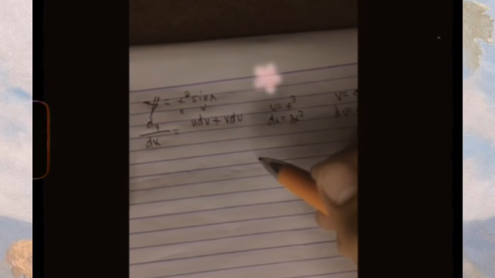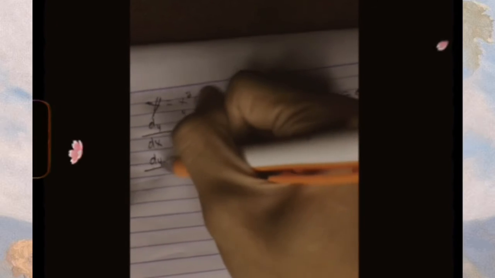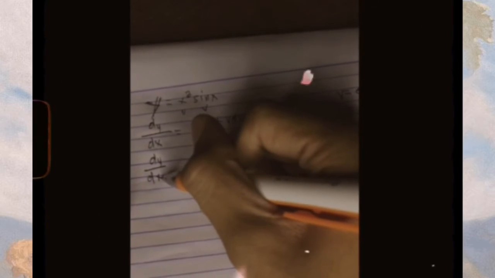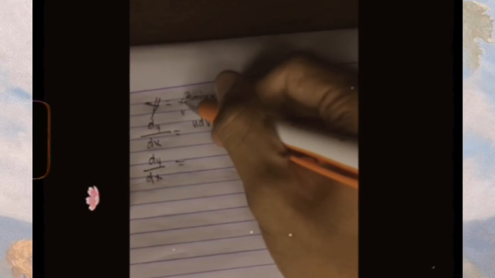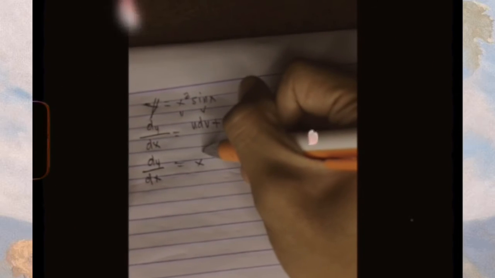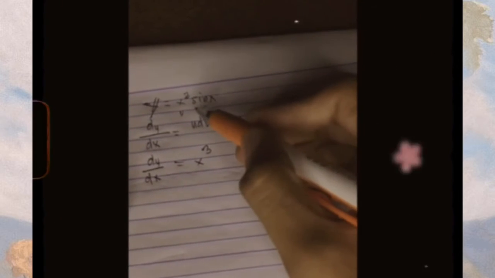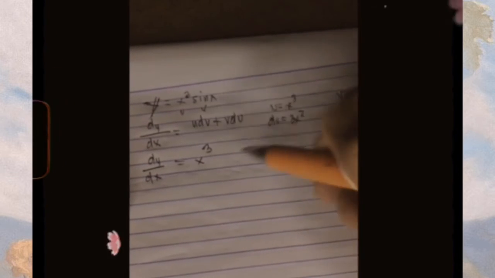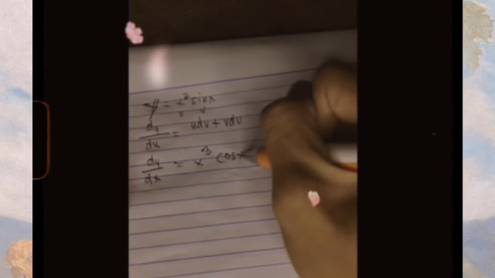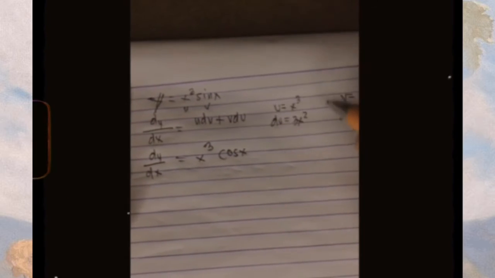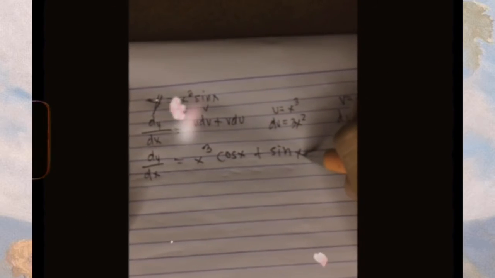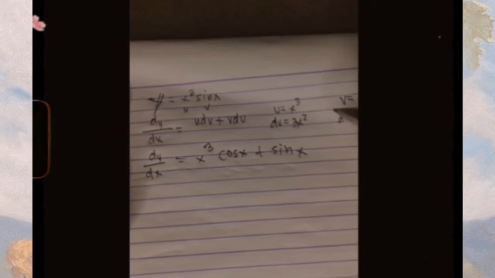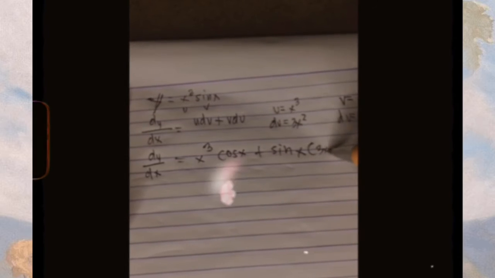So we substitute here in the formula: dy over dx is equal to u, which is x cubed, times the dv, which is cosine x, plus our v, which is sine x, times the derivative of x cubed, which is 3x squared.